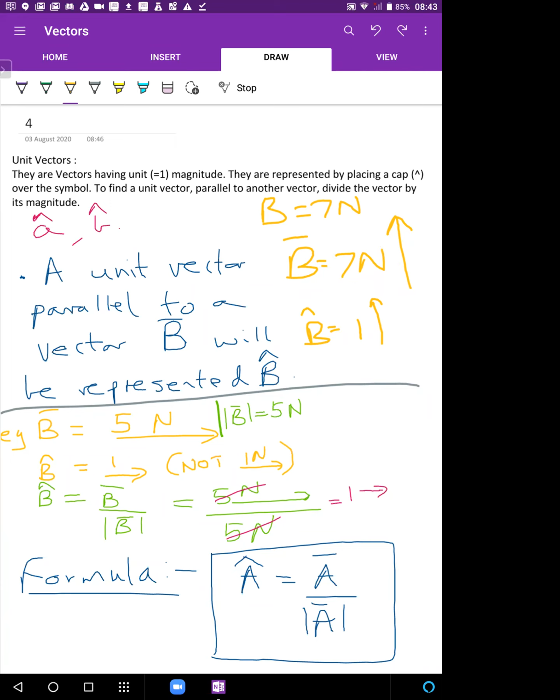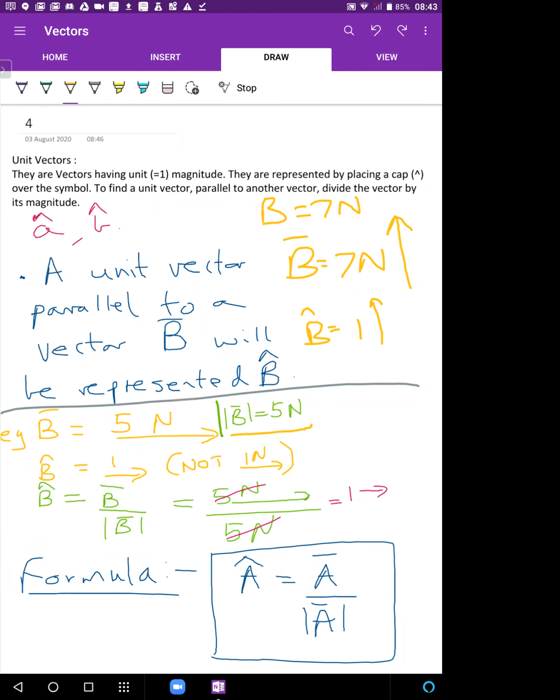We will see its use ahead. But here I had said one line: to find a unit vector parallel to another vector, meaning B cap in this case, I will divide the vector by its magnitude. So if you look at this example, I've taken an example where B bar is 5 Newton towards right.